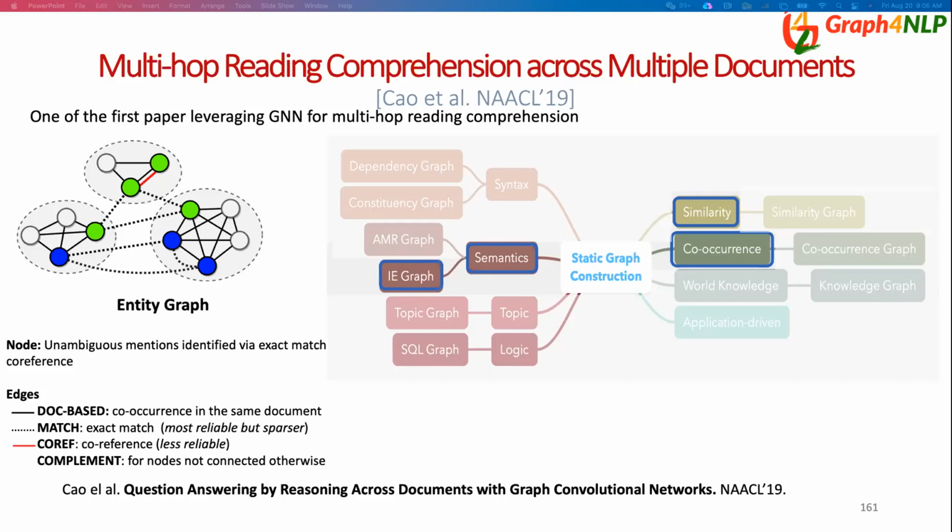Match means that they are exact matches of each other, so this is most reliable, but there are relatively fewer such edges. Then there are also edges constructed based on coreference, which are less reliable. And finally, for nodes that are not connected otherwise, there is an edge called complement in the graph. They're not shown in the example, but in the actual model, those edges are there.